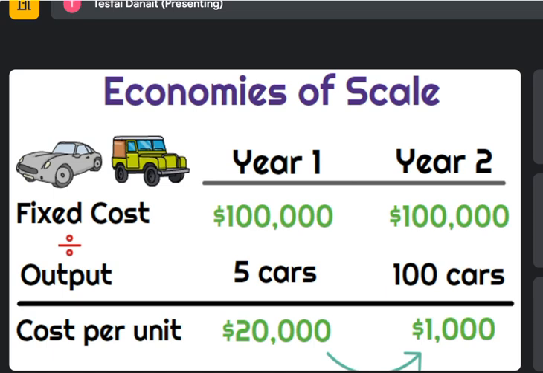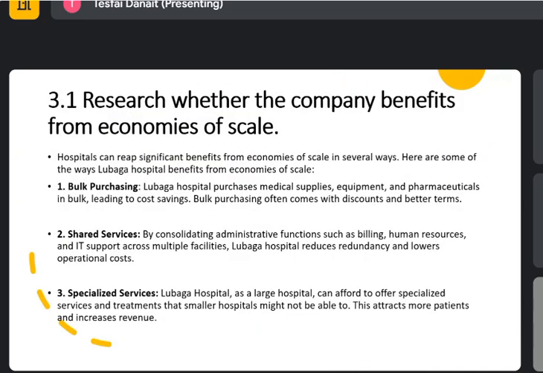But when it starts to produce 100 cars, the fixed costs remain fixed and become distributed among the 100 cars. So the cost of producing one car reduces to 1,000, which means we are reducing the cost, but also we are doubling and tripling our income.